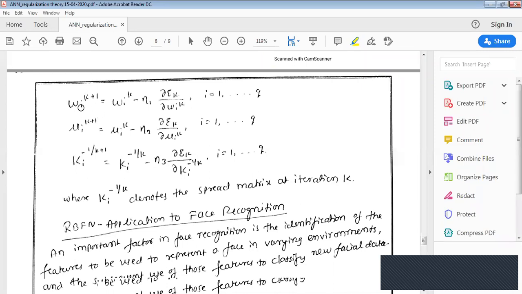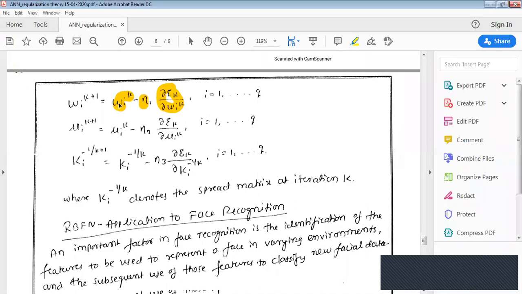The first weight vector W1 in the 5 plus 1, sixth iteration is equal to the same weight vector W1 in the fifth iteration minus eta 1 into dou Ek by dou wik. So the future value is a function of the present weight, the learning rate eta 1, and the derivative of dou E by dou w. If this derivative is positive, then what happens?